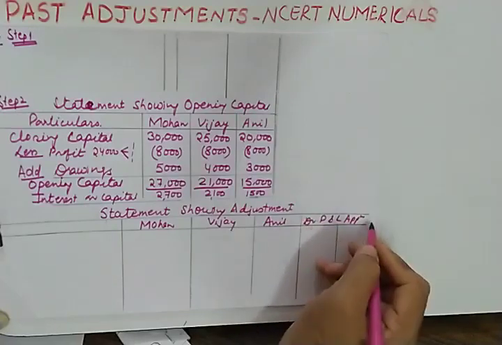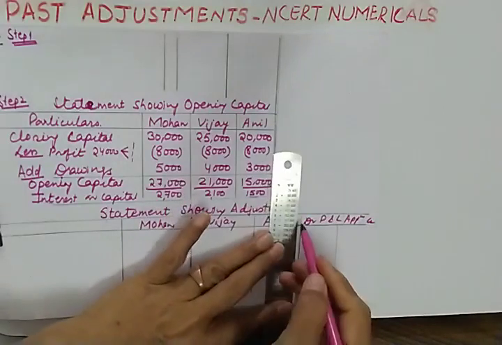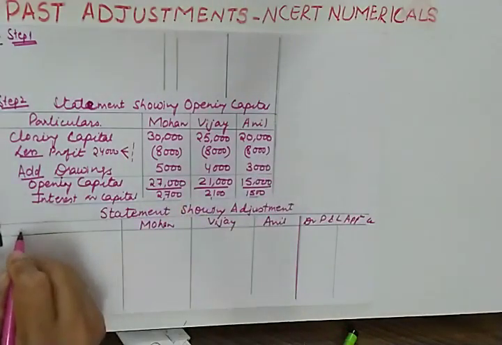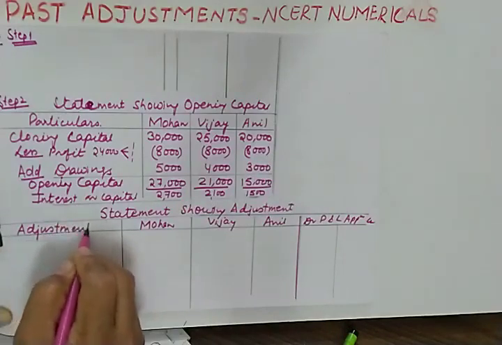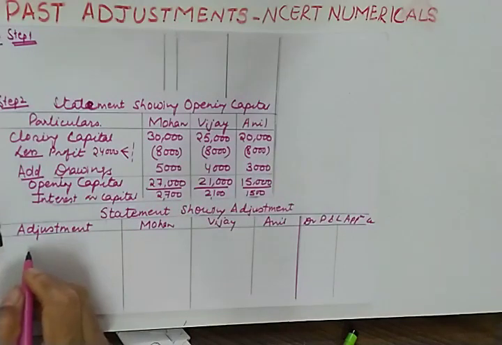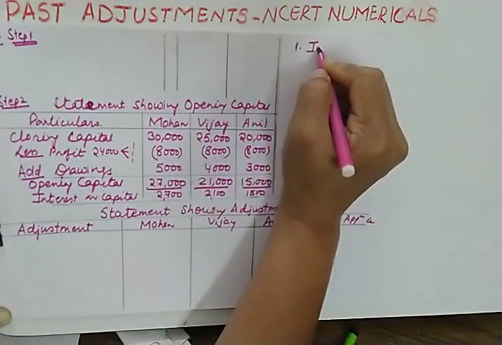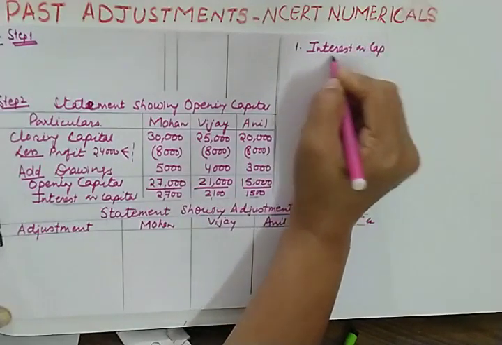This is the debit side and this is the credit side. So let us differentiate this by drawing a line here. And these are the adjustments. Let us see the first adjustment. What are the omissions? Number 1, omissions are interest on capital is omitted.